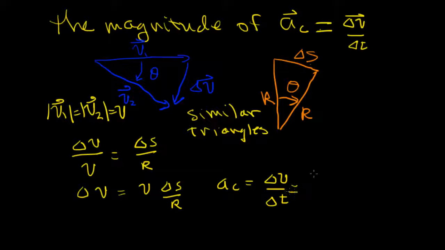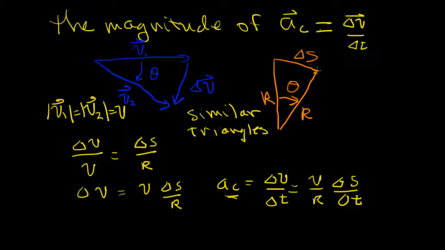That's equal to v over r, whatever we had over here, times delta s, and I have to divide this side by delta t, and I'm going to put the delta t right there, right? And so this says the magnitude of the centripetal acceleration is equal to v over r times delta s over delta t, right?